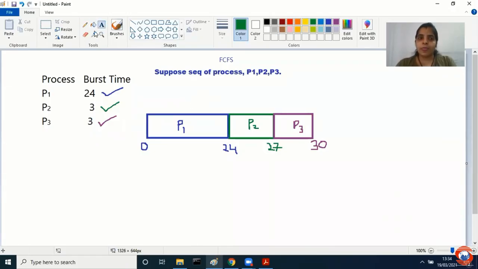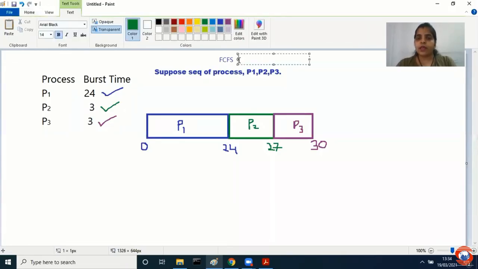Second important point, in case of first come, first serve, पहला process आया, complete its execution, next process will be taken only if the first process has completed its job. Can you please tell me category of this type of algorithm? Is it preemptive or non-preemptive?